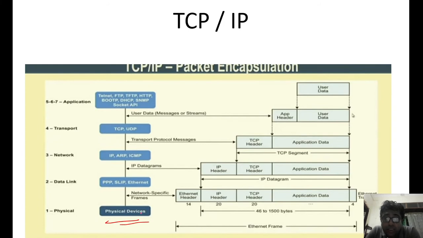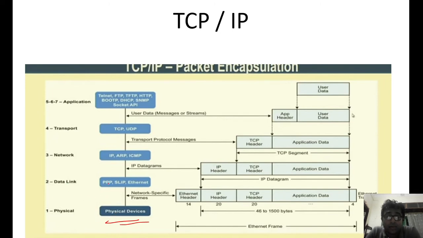This is the physical device Ethernet frame, the total frame that is communicated as a bit frame structure from one entity to another entity. And these are the physical devices we have used.